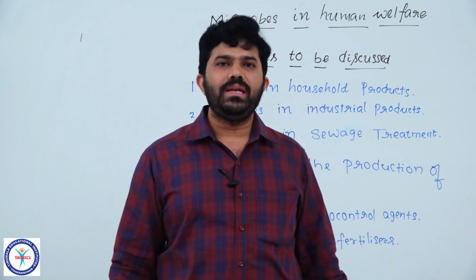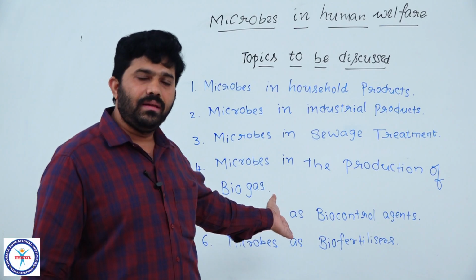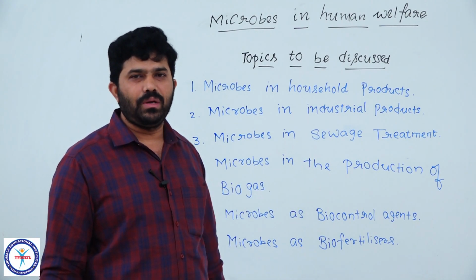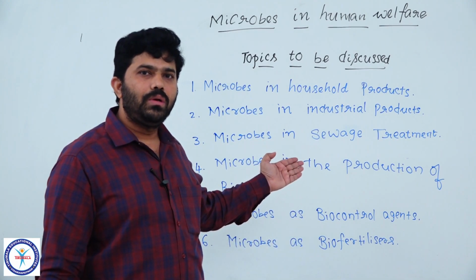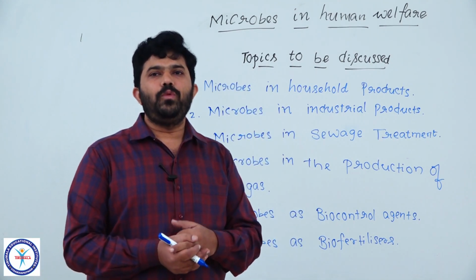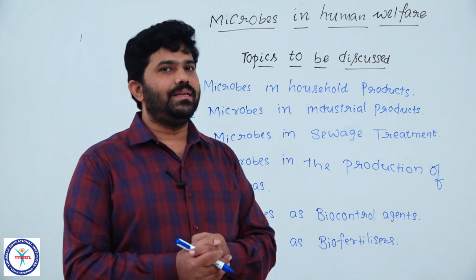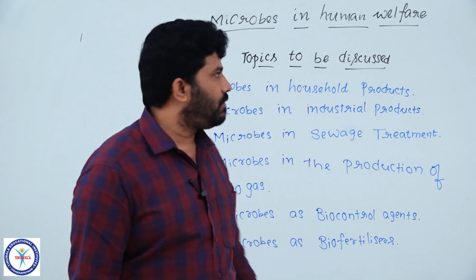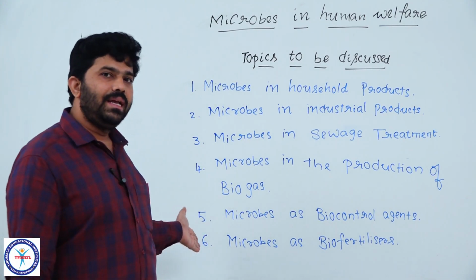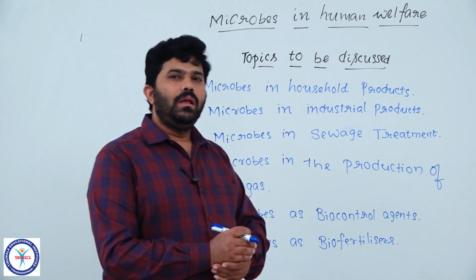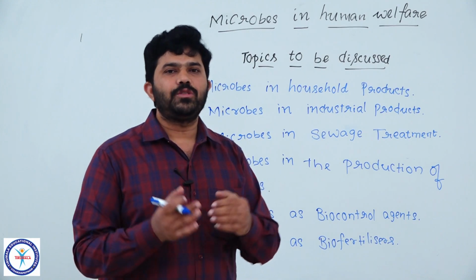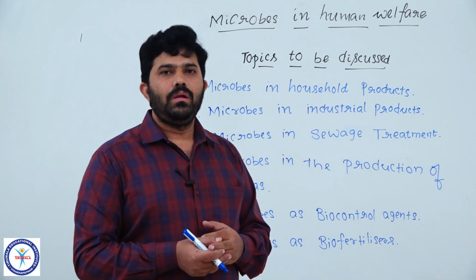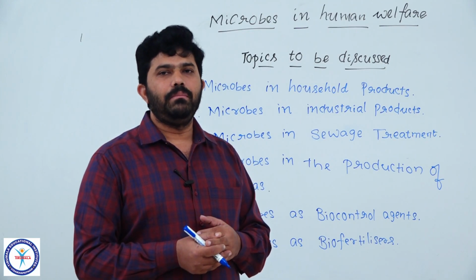Of course, microorganisms give many other useful advantages too, but in this chapter we are going to discuss these 6 different aspects, which are very helpful to lead human life better.